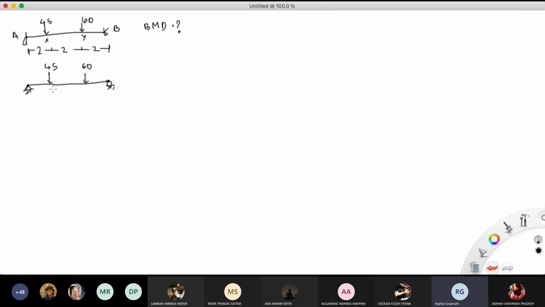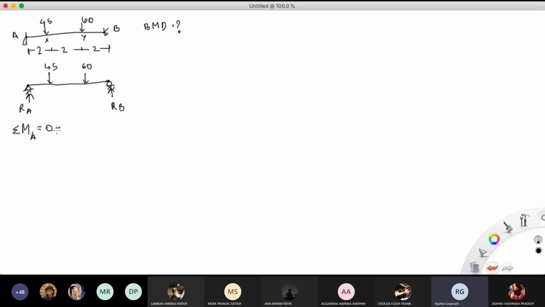of positive moment, right? So for this I first have to find out what is the RA here and what is the RB here. Because the reactions are not similar, because the loads are different. Now sigma MA, because it is a hinge, I know that it is 0.